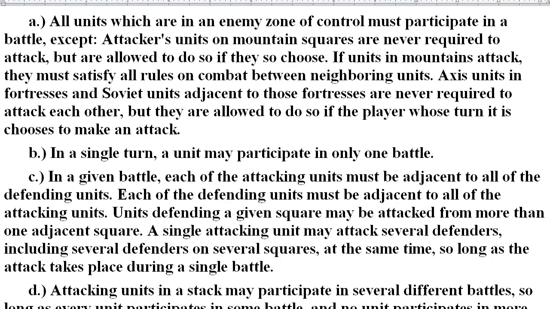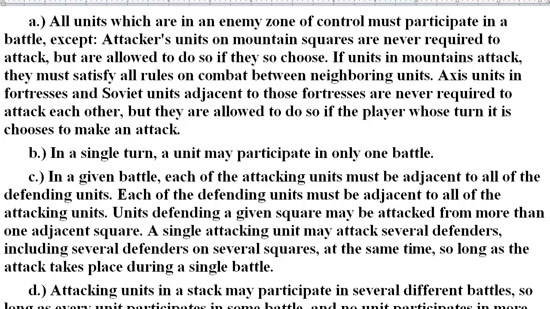There are now a series of special case rules that fill in all of the details on this. First of all, if you are an attacker and you have units on a mountain square, they are not required to attack. They can just sit there. But if they want to, they can make attacks. If they do choose to make attacks, though, every enemy unit they are adjacent to must be included in at least some attack.